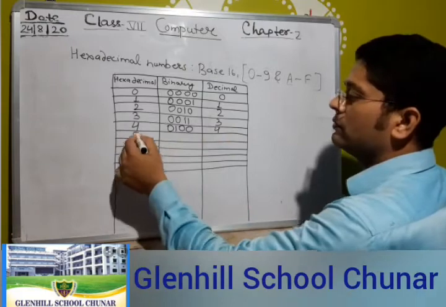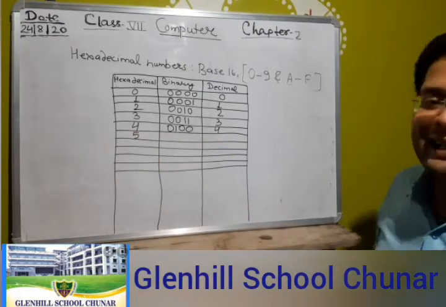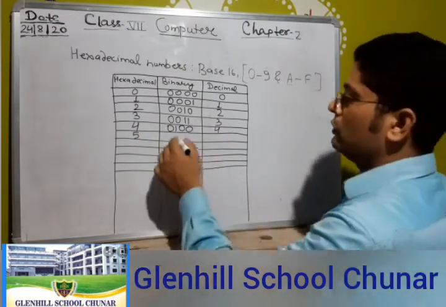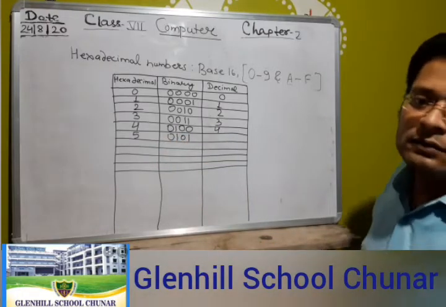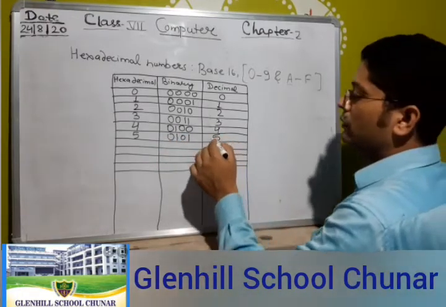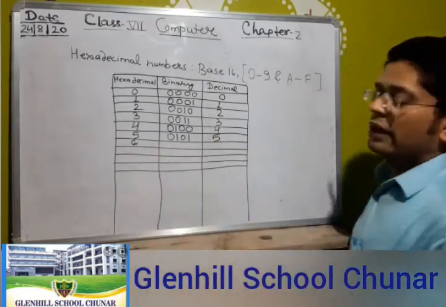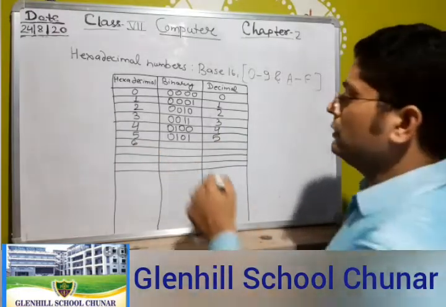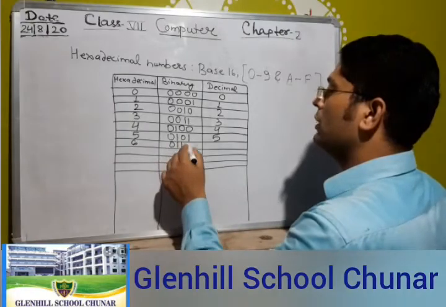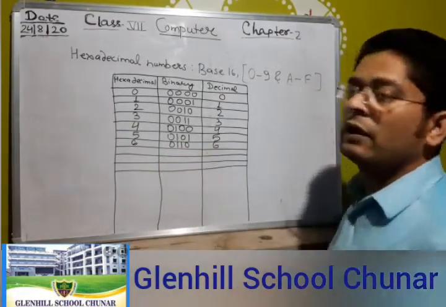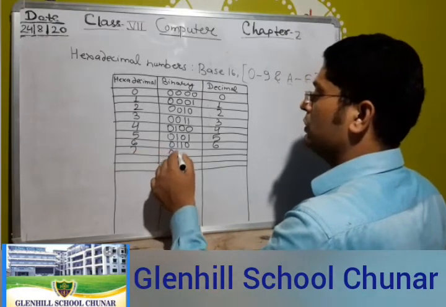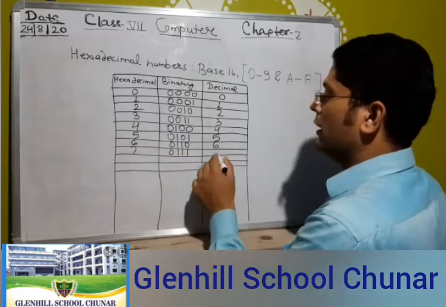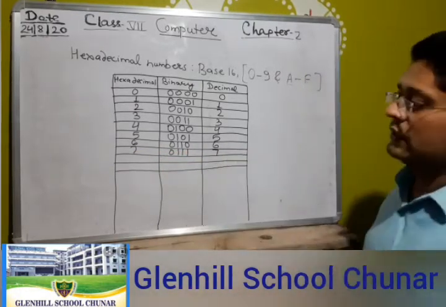And the hexadecimal number 5 is 0101, and decimal number 5. Hexadecimal number 6 is 0110 and decimal 6, and 7 is 0111 and decimal 7.